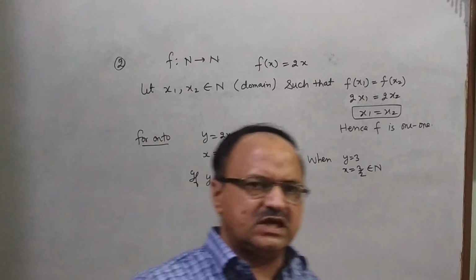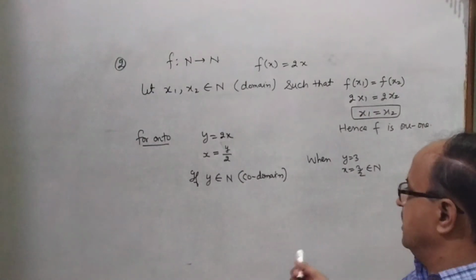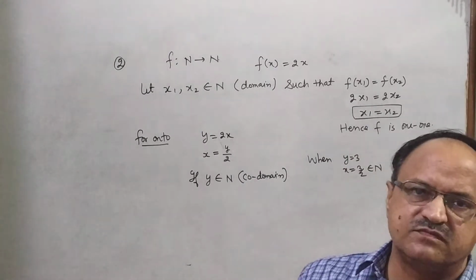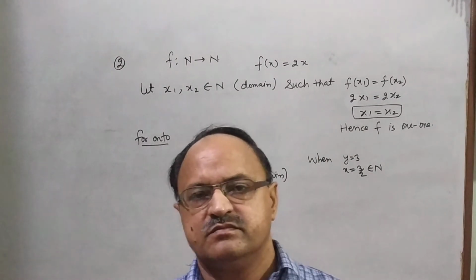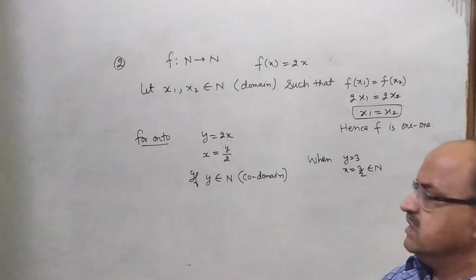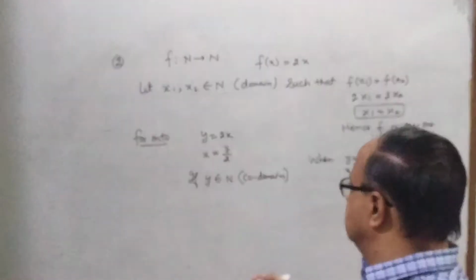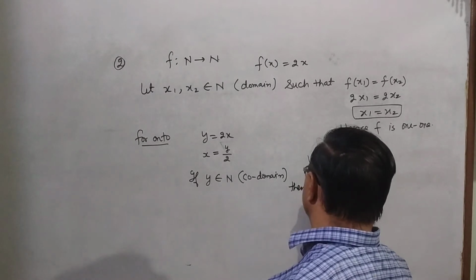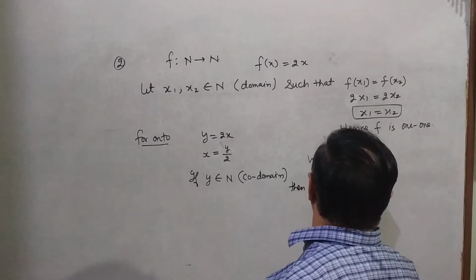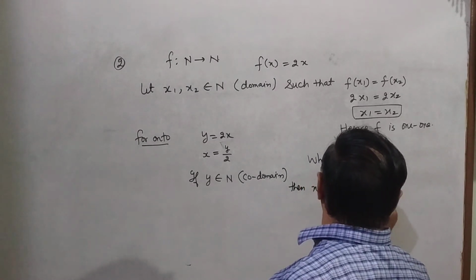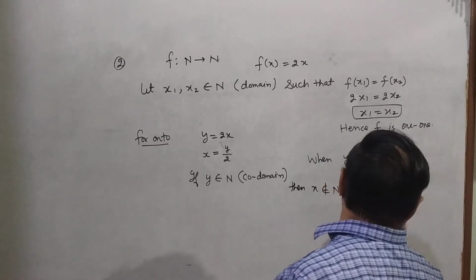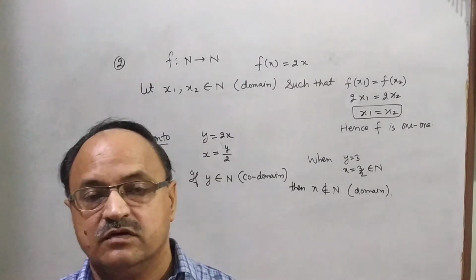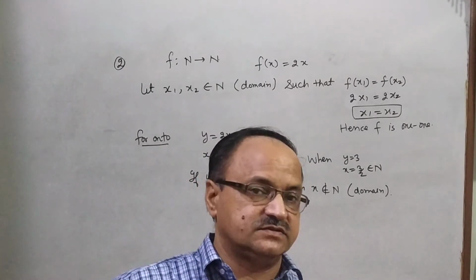So overall it is true for some values and not true for other values. Then x does not belong to the natural numbers, the domain, even if only one value does not satisfy.